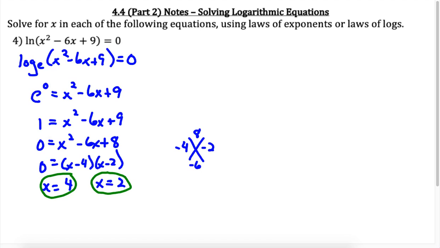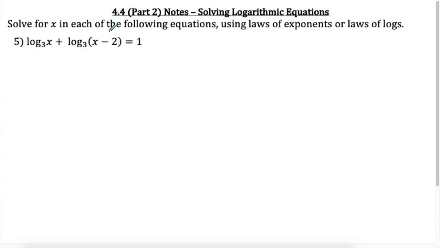In our next two examples, we are going to have to use our rules of logarithms. Okay? I have two logs on one side of the equation here. In order to use the process that we've been doing, we need our equation to be one log equal to a number. Whenever I'm adding two logs together, I can combine those into a single log by multiplying what's on the inside.